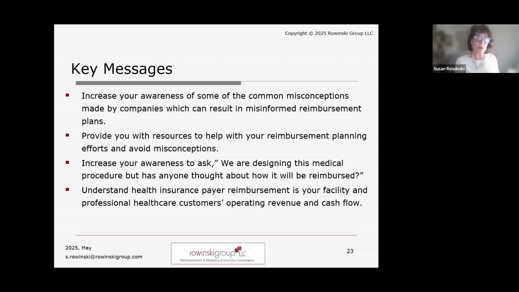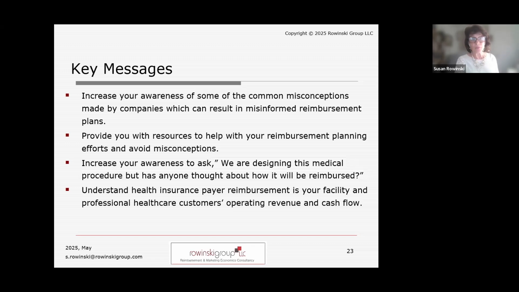We're not necessarily diving into reimbursement mechanisms. What we are diving into is misconceptions, and these misconceptions matter whether you are developing a DME product or procedure, or a primary or adjunctive procedure to be used in an ambulatory surgical center. What we've talked about today is still relevant.